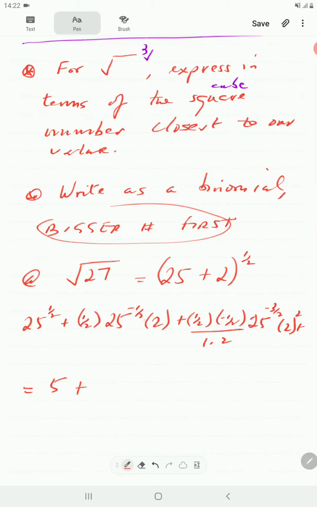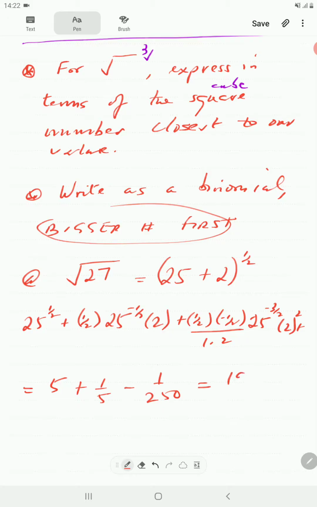And then the second one is 1 times 25 to the power minus half, which is 1 over 5. And then the third term, if we simplify that one carefully, is going to give us 1 over 250.